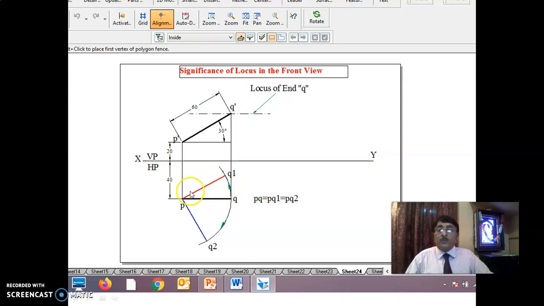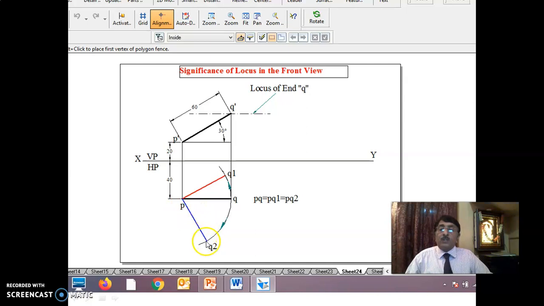That means at this position, red PQ1 has an inclination to VP, but inclination to HP is 30 degree only. But the important observation is that even in this Q1 position, the distance of Q1 above HP remains the same, which means you should go and meet the locus, because once you meet the locus, the distance of Q1 above HP remains the same. Let us say I rotate the line in this way to some blue random position PQ2.